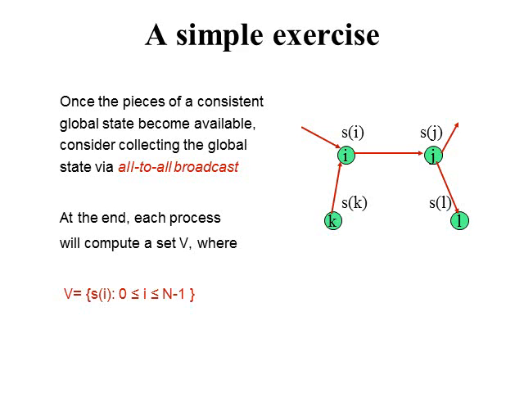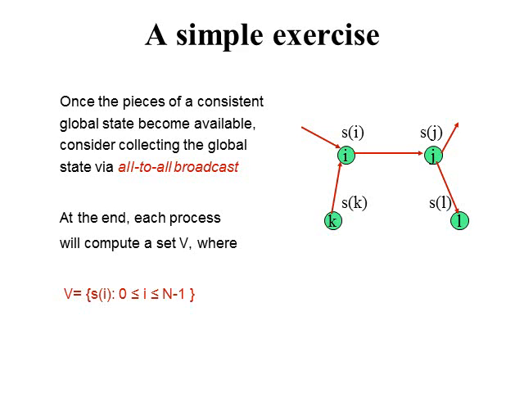On the right side, we see a picture with four processes, I, J, K, and L, and they have recorded consistent states, S of I, S of J, S of K, and S of L, at each of these processes in accordance with the global snapshot algorithm.